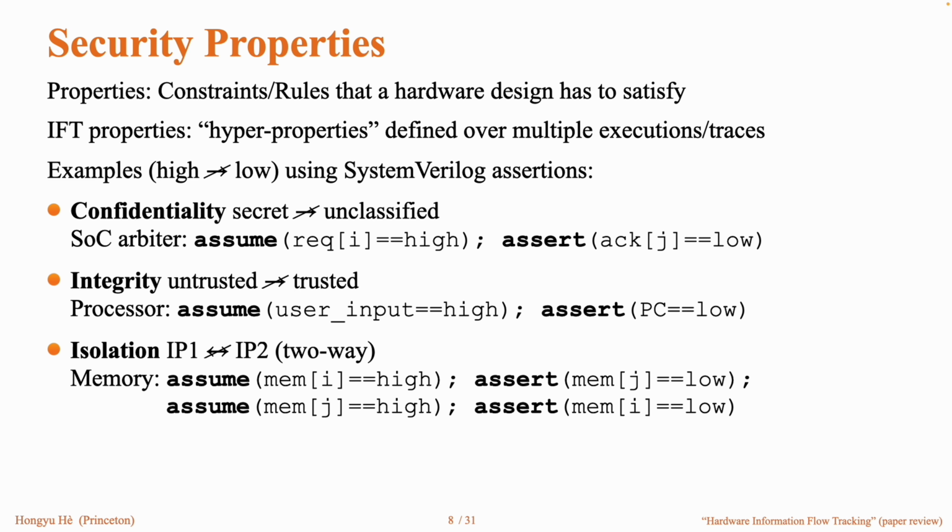The properties can also be, in this case, memory isolation, where a request from one location is not affecting the other location, and so on and so forth. What's interesting is that they also mentioned the timing side channel, as previously mentioned, by asserting using specific syntax.